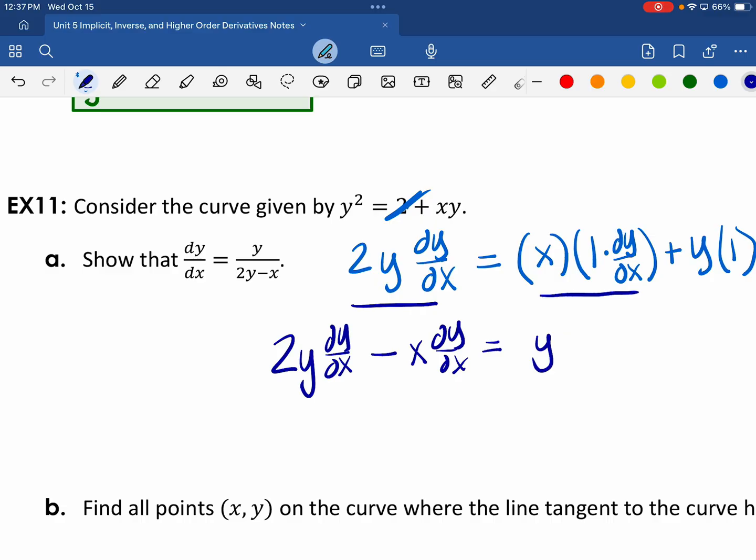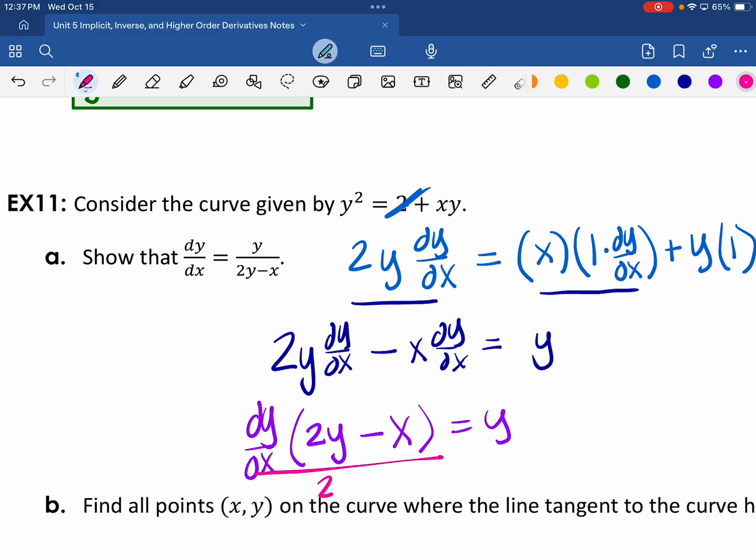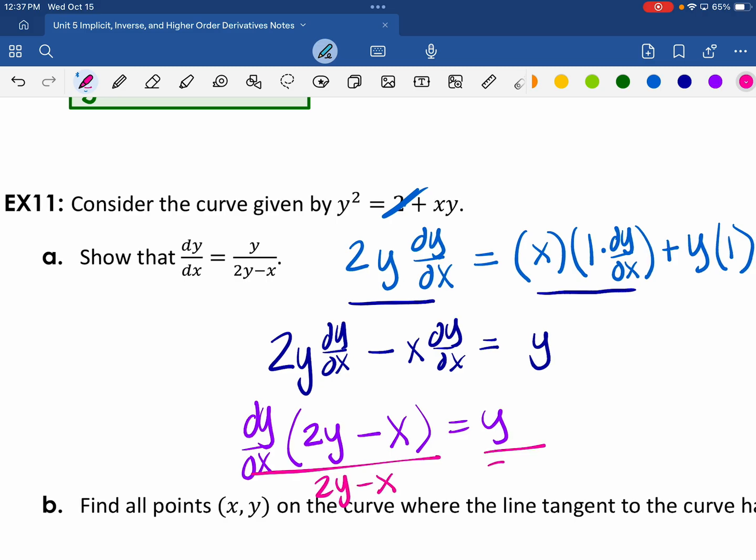Okay, so once I did that, everything on the left has a dy dx. So I can take it out, and I'm left with 2y minus x. So 2y minus x equals y. And then divide all that by 2y minus x.